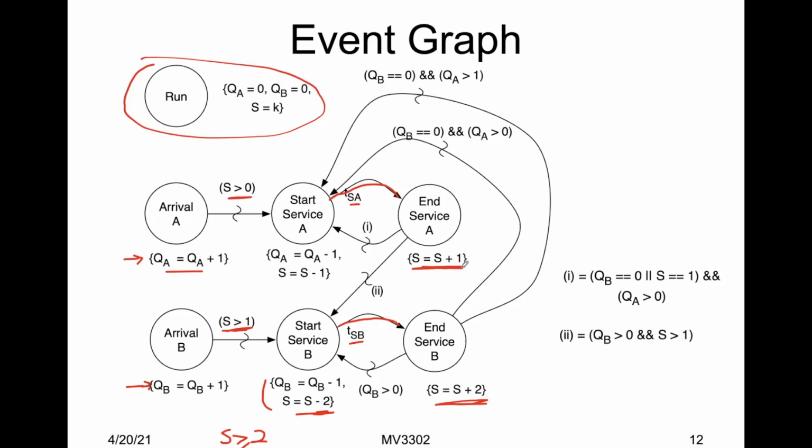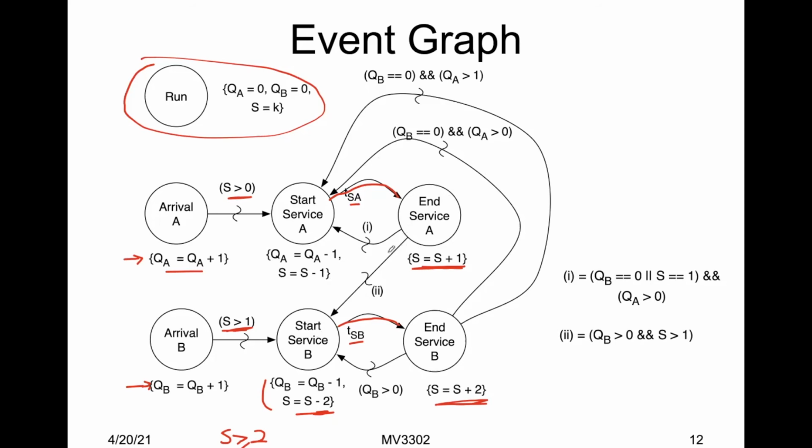When we finish service on an A, there are two possibilities. Remember that we prefer Bs. So if we can, when we finish service on an A, we want to schedule a start service on a B. So this is something that's a little different.